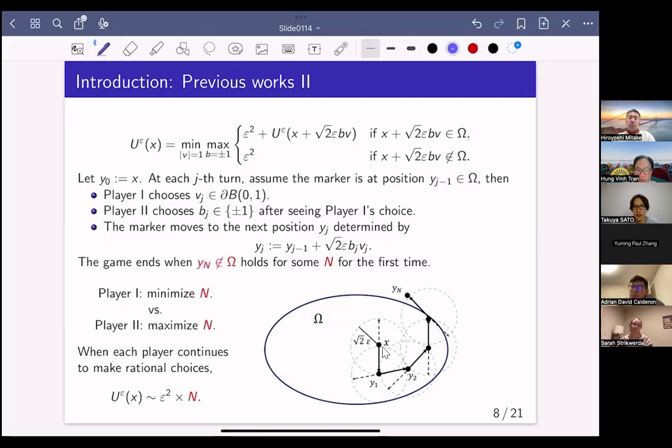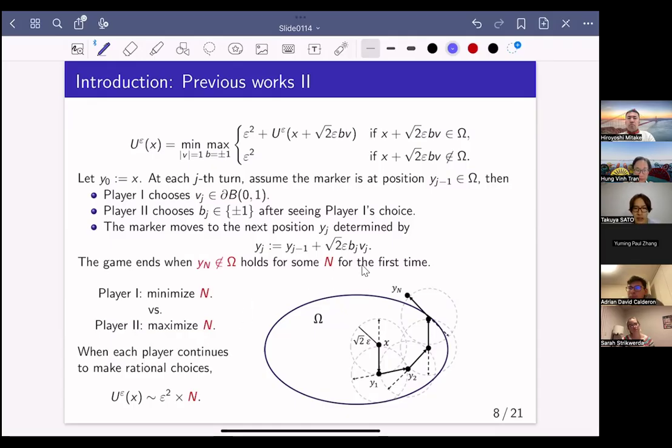Then the marker goes to the next position, and we call it y_1. The two players continue this step in discrete time, and this game ends when the marker reaches the boundary of omega, and we call this step number N for the first time.